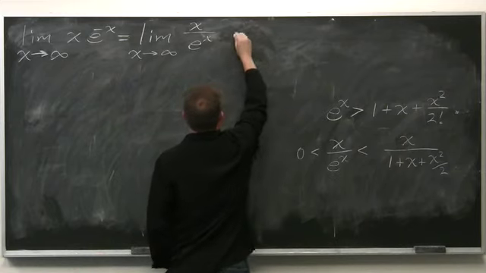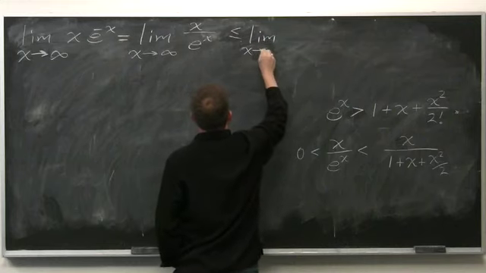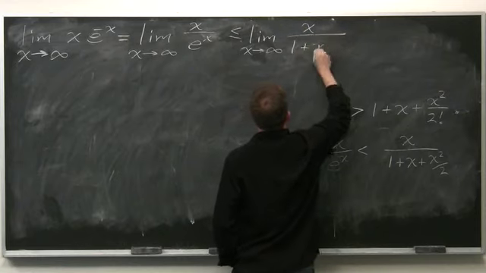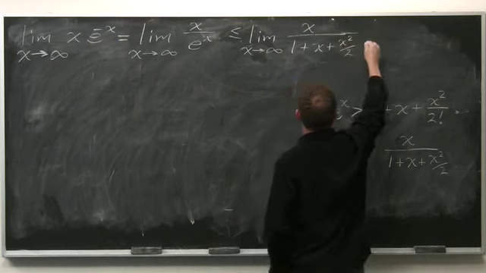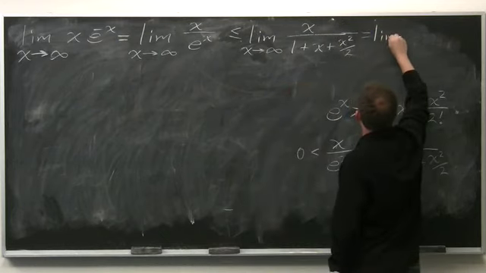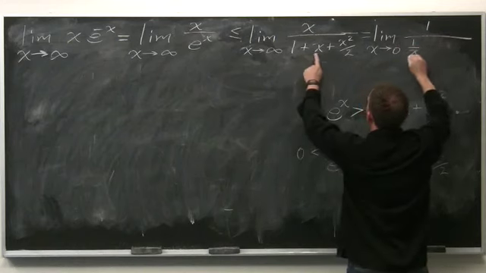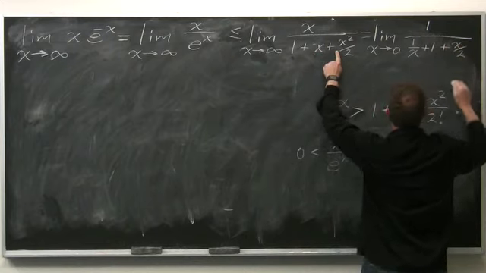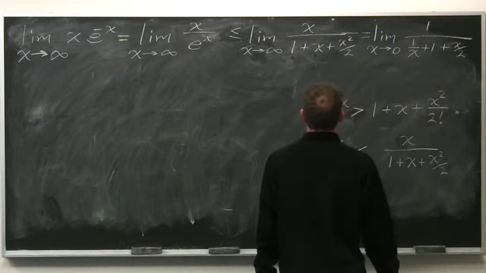So we could say that this is less than or equal to the limit as x approaches infinity of x over 1 plus x plus x squared over 2. And then if you want, divide the numerator and denominator by x, and you get that this is 1 over, and then you get a 1 over x plus 1 plus x over 2. What's the big deal?